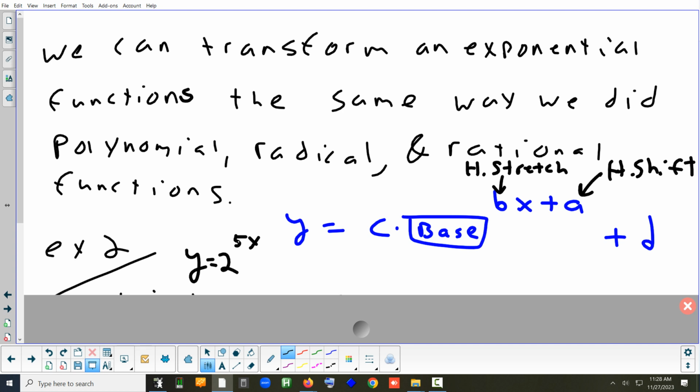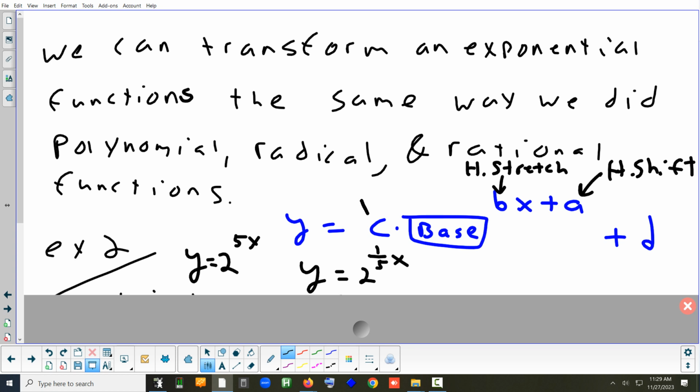If you wanted to stretch it by 5, you'd have to do 1/5. That's a small number, 1/5, so it would stretch it 5 times as much. So this is a stretch by 5. This is a compression by 5. And so it's backwards. It's not what you would think.